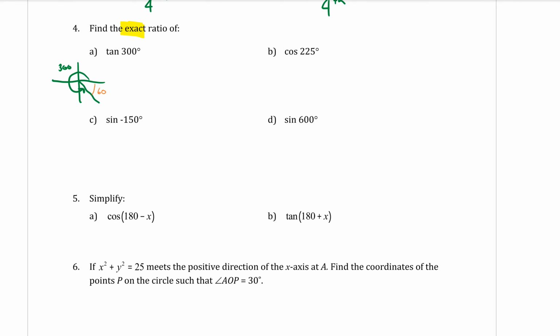So tan of 300 is actually equal to tan of 60, but I'm in the 4th quadrant, all stations to central, that's cos, so I need a minus sign. Now we've practiced that part already.